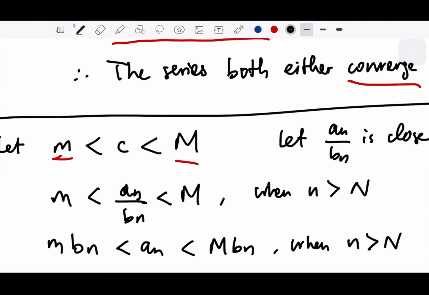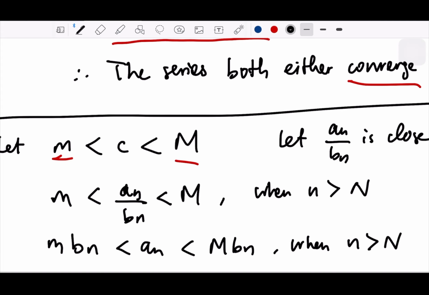So this m is a positive term, and we define our c as An over Bn; we use the limit and it will be close to this number c.